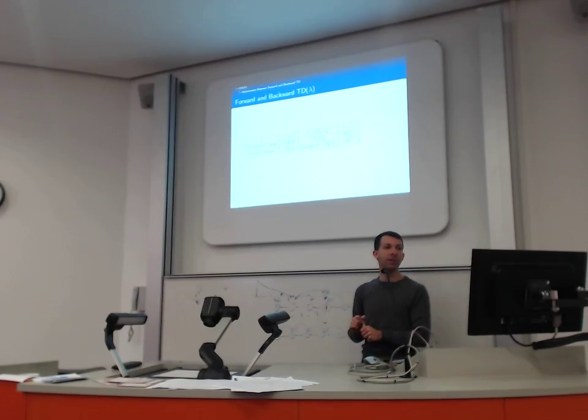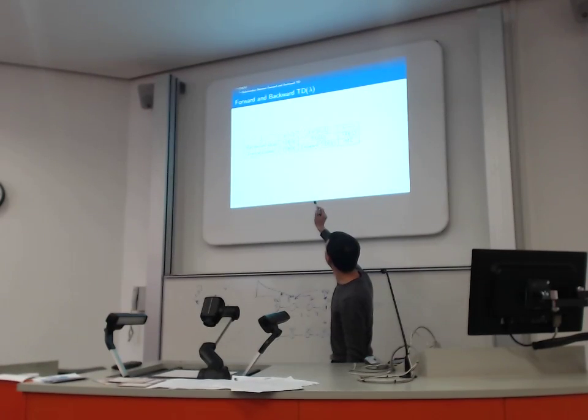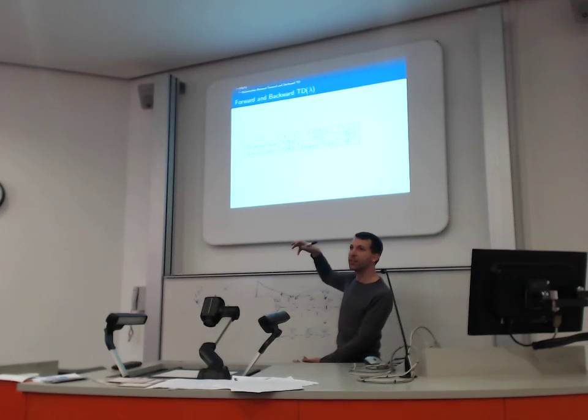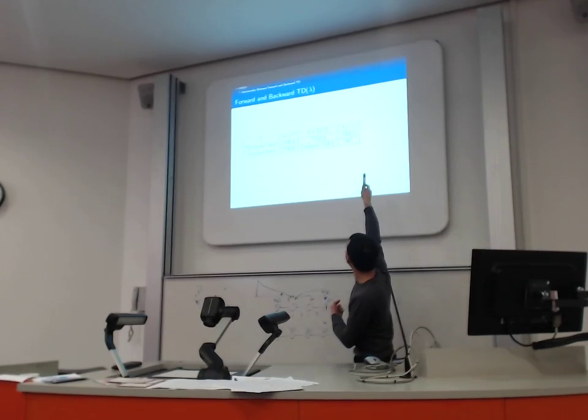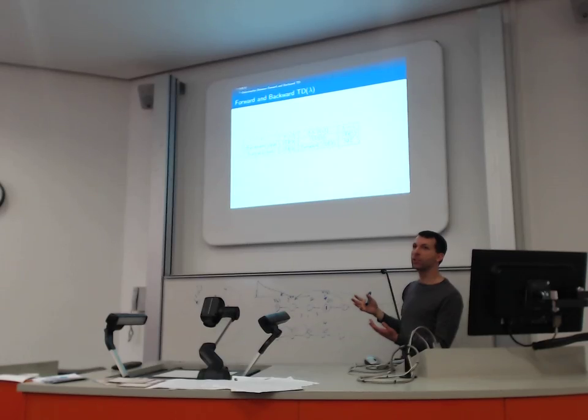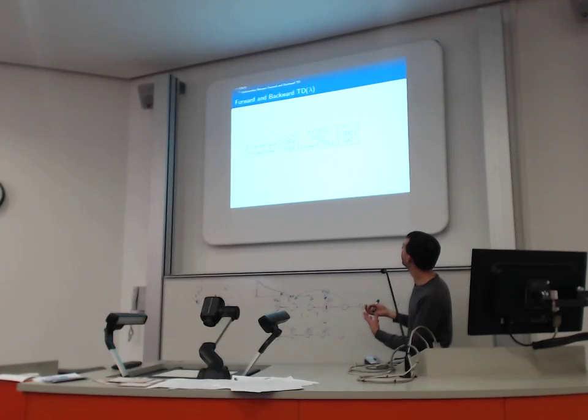Okay, so we end up with this view of TD lambda. We've got our backward view and our forward view. If lambda equals 0, in both cases this algorithm collapses to TD0. If lambda equals 1, the backward view algorithm is this thing called TD1, which if you do it offline is exactly the same as Monte Carlo.